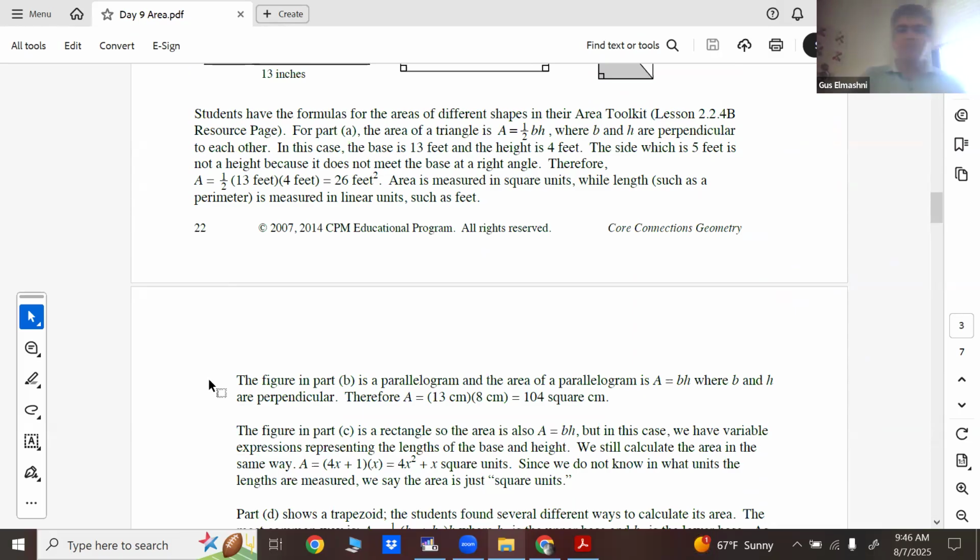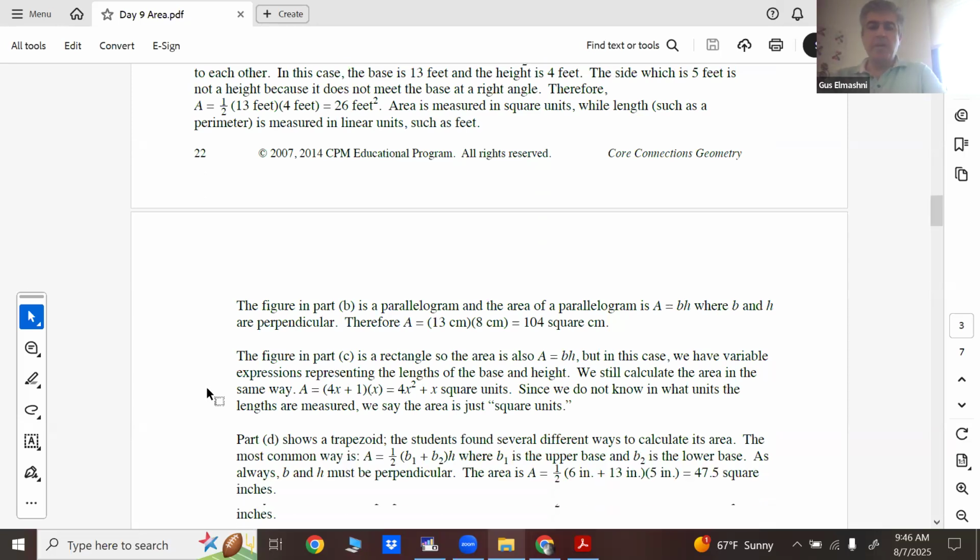In this case, the base is 13 feet and the height is 4. The side, which is 5 feet, is not a height because it does not make a right angle with the base. Therefore, A equals 1/2 times 13 feet times 4 feet equals 26 feet squared. Area is measured in square units. Perfect, thank you.